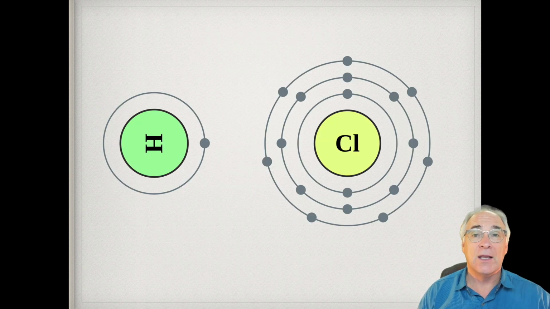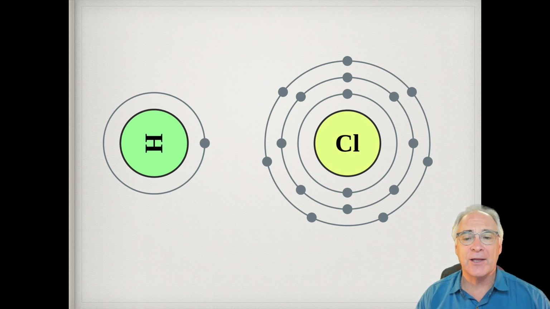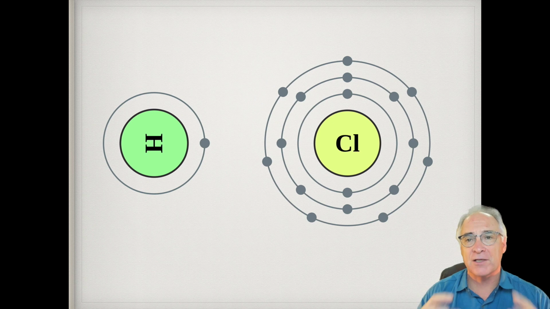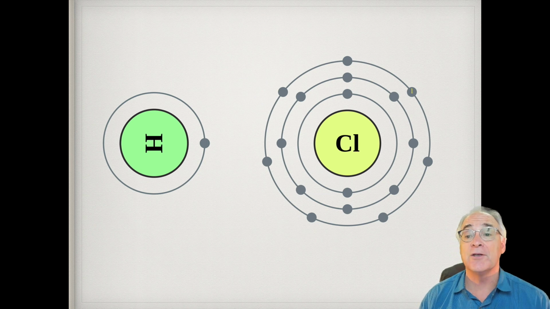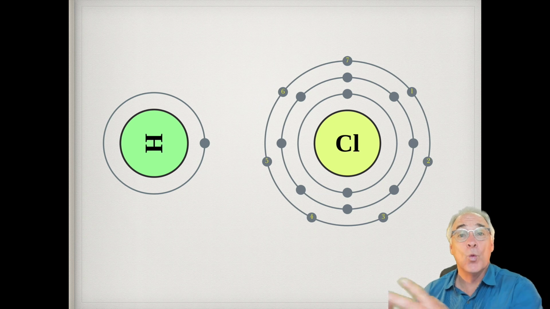So let's take a look at something a little bit different here. When a compound is being made, how does all of this octet rule work? Well, one of the things you've got to know, for instance with chlorine, is how many electrons are in the outermost valence. In this case, there are 1, 2, 3, 4, 5, 6, and 7. So it makes sense for them to try to find 1 electron.